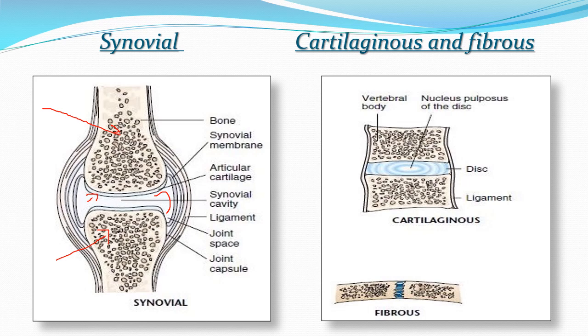One of the very important aspects of the basic anatomy of the synovial joint is that it is strengthened by a fibrous capsule, and it is usually strengthened by surrounding groups of muscles. And this diagram represents the basic anatomy of the cartilaginous joints and finally the fibrous joints.